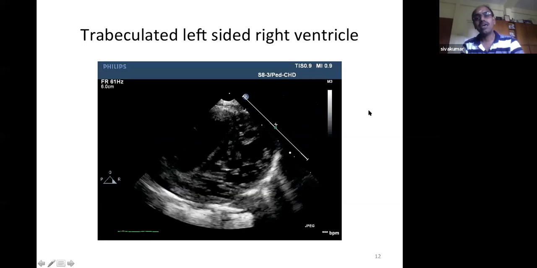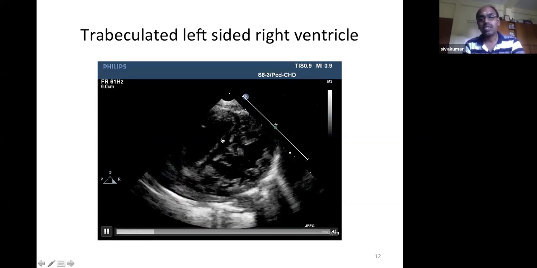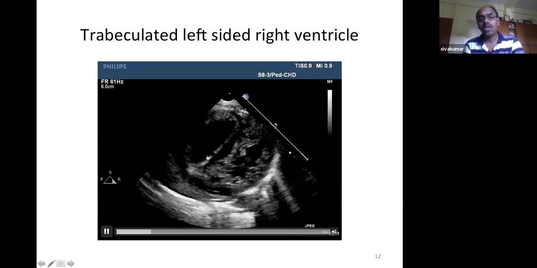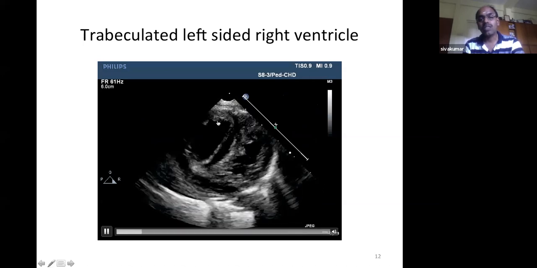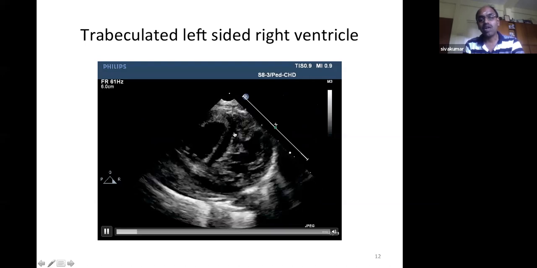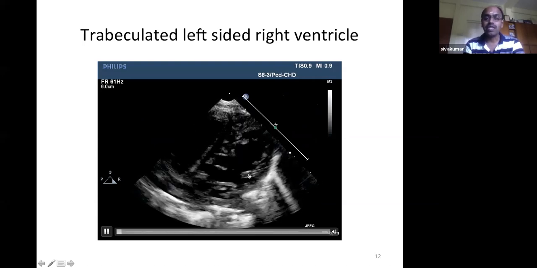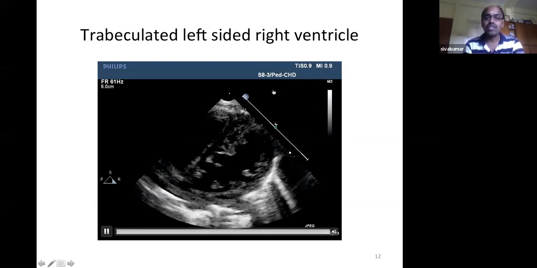When you look at the parasternal short axis view, you can appreciate the smooth walled left ventricle on the LV side of the intraventricular septum and the rough walled right ventricle on the right ventricular side. This right ventricle is on the left side and the left ventricle is on the right side.